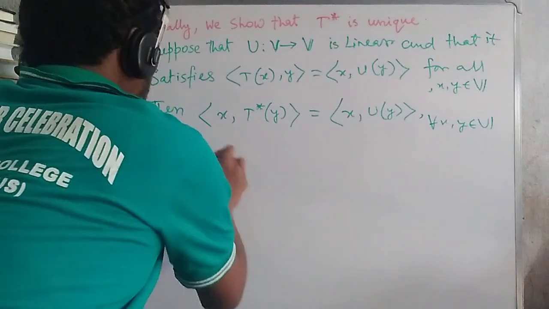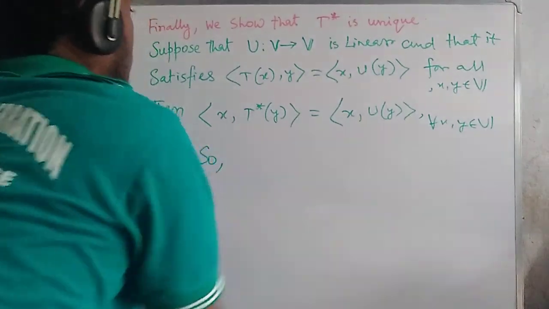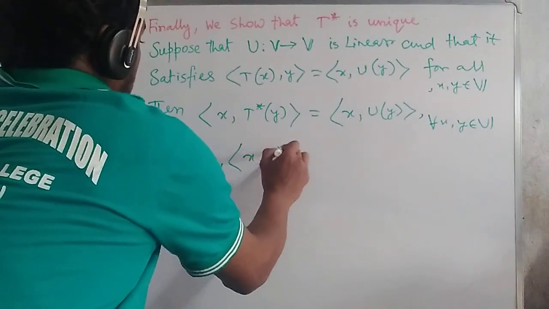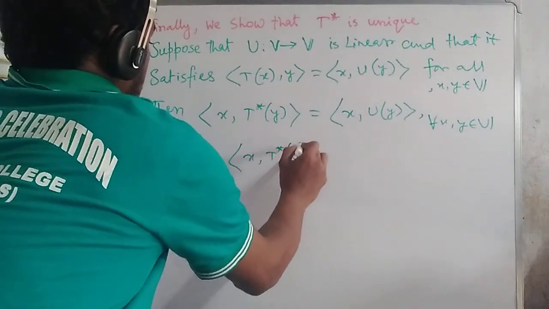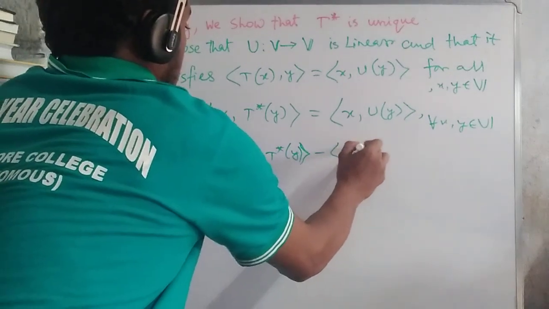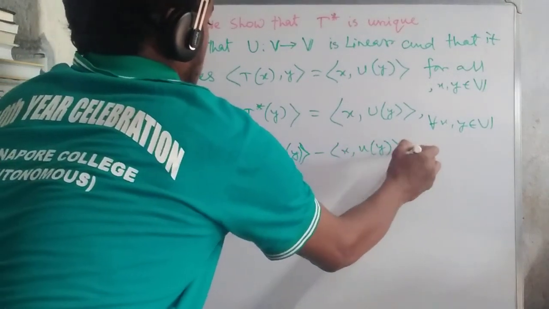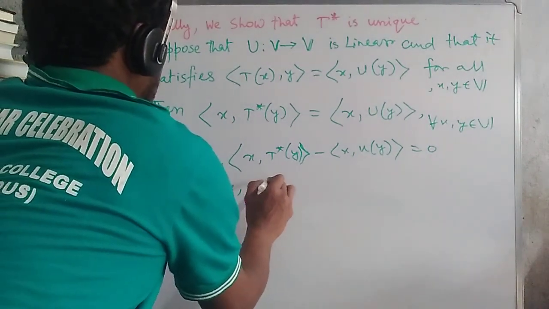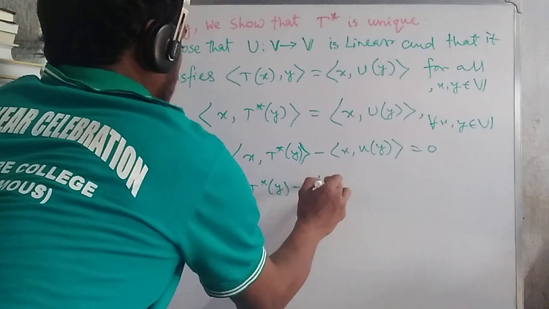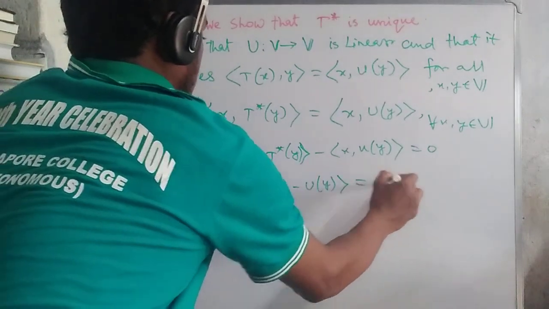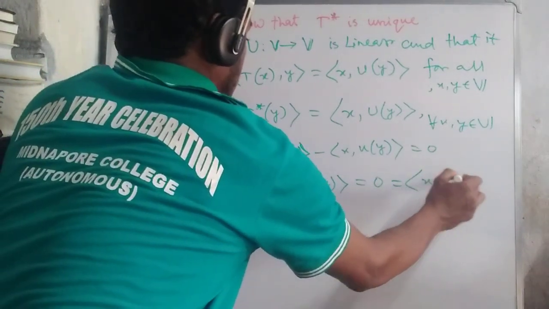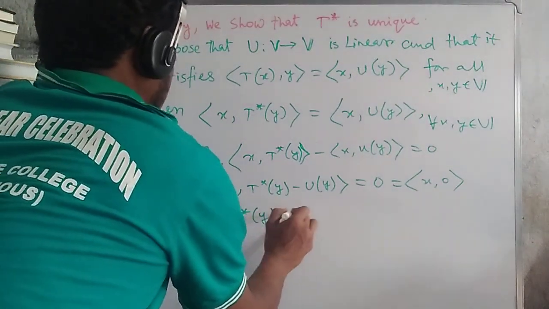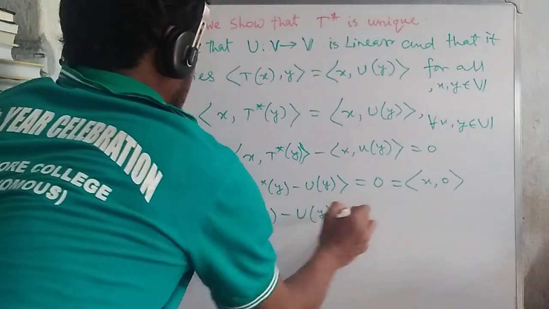Then ⟨x, T*(y)⟩ minus ⟨x, U(y)⟩ equals 0. This implies ⟨x, T*(y) − U(y)⟩ = 0 = ⟨x, 0⟩.